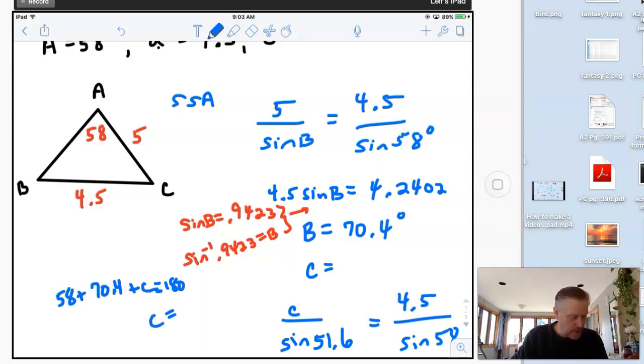If I solve it that way, I get angle C is 51.6. Okay, so 51.6.